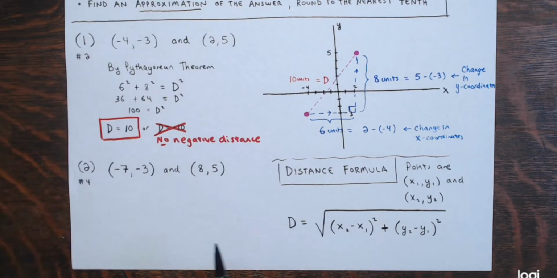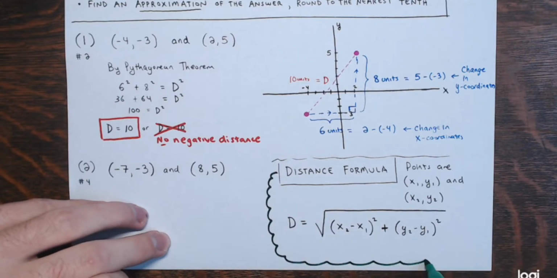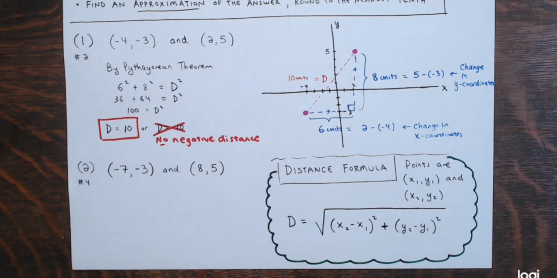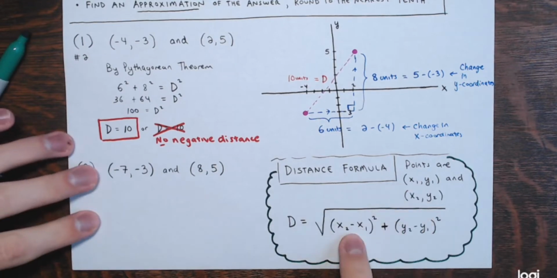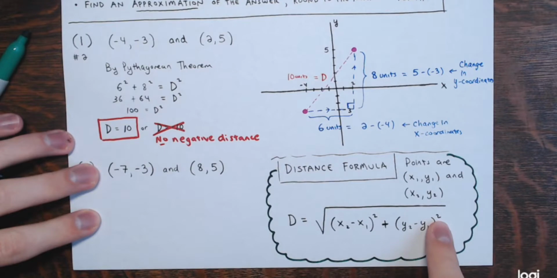Right. And this is huge. This is what I'm going to be using for the rest of the video. You just subtract the x-coordinates squared plus subtract the y-coordinates squared, and then take the square root of that sum, and that will give you the distance between the 2 points on the coordinate plane.